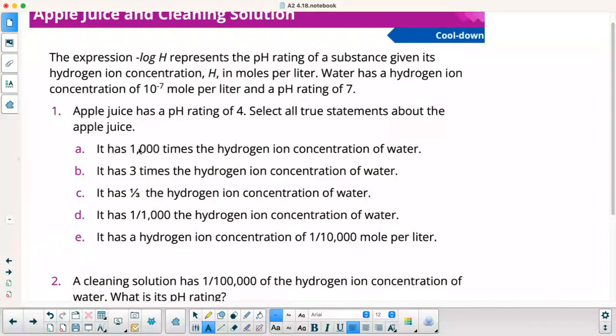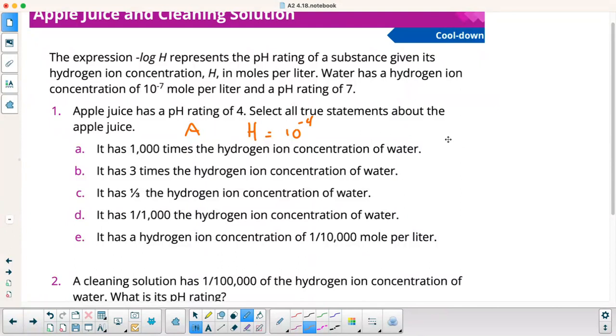Okay, it has 100 times the hydrogen ion concentration of water. Well, we would have to check out. All of this is in hydrogen ion concentration. So if it has a pH rating of 4, your hydrogen is 10 to the negative 4 for apple juice.